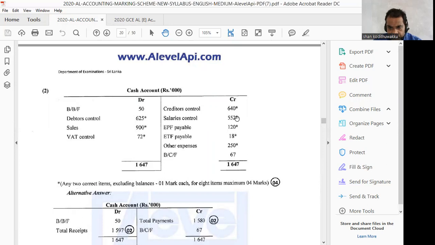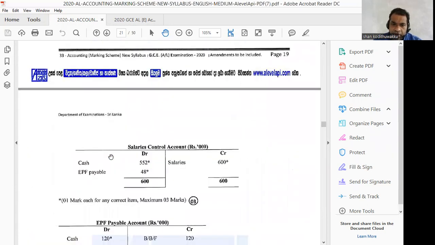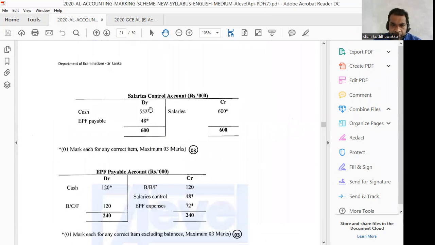Salaries control 552. We pass double entry through cash account and the salaries control account. Cash as a decrease, credit to cash account 552 and debit to salaries control account 552.